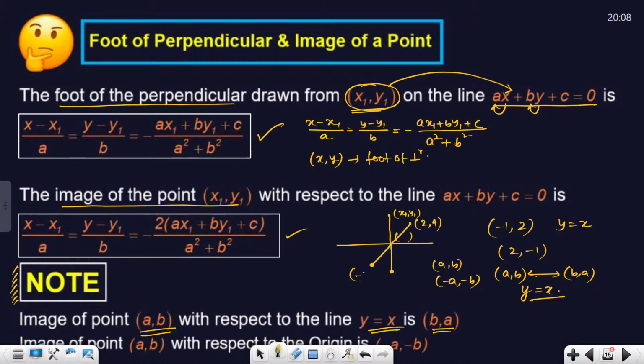The answer will be the point (minus 2, minus 4). So this is a shortcut way of remembering. Any point (a, b) with respect to the line y equals to x, the image will be (b, a). And if the point is (a, b) with respect to the origin, its image will be (minus a, minus b). That's it. So please do remember this for shortcut in solving problems.